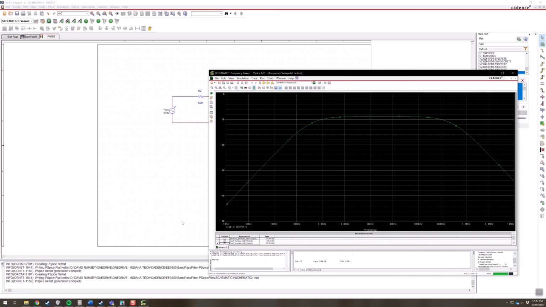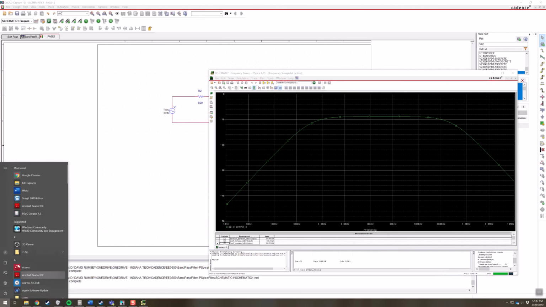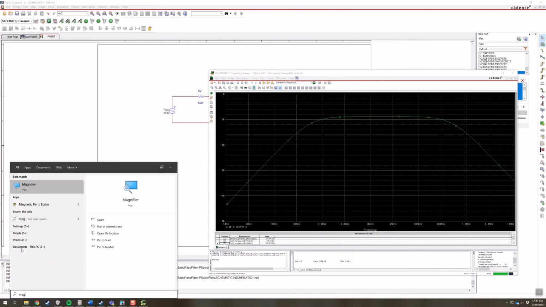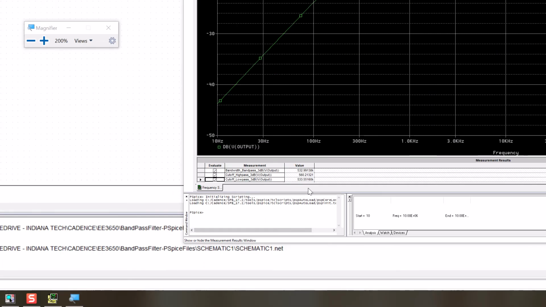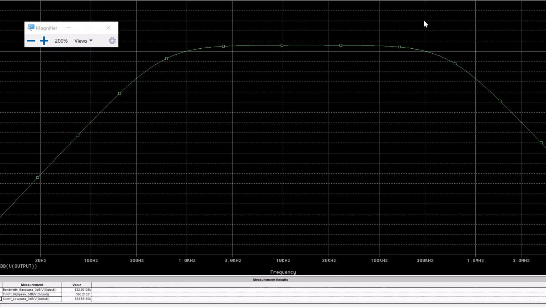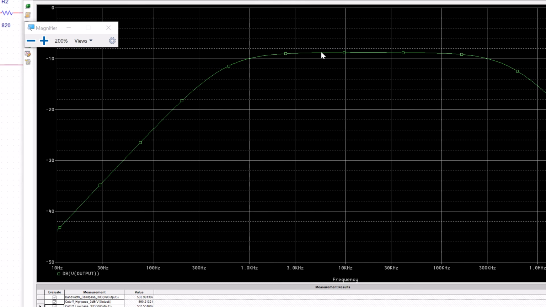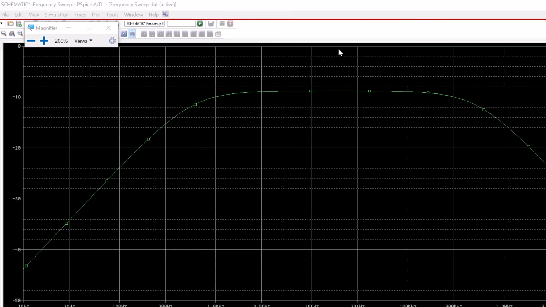It's saying that the bandwidth is 532 kilohertz, with cutoffs at 560 and 533, which is not at all what we designed for. What it's doing is taking minus 3 dB from this maximum value, but this is not getting up to the 0 decibel level that we want.